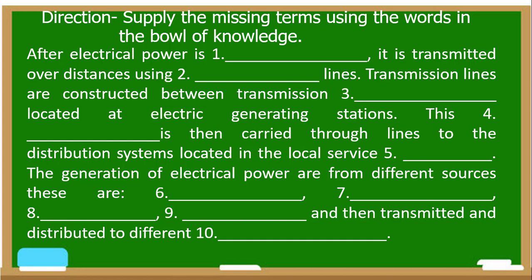The generation of electrical power is from different sources. These are blank, blank, blank, and blank, and then transmitted and distributed to different blank. In numbers 6, 7, 8, 9, you may answer in any order.